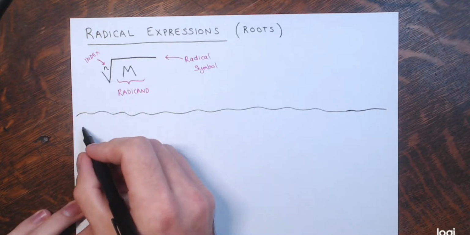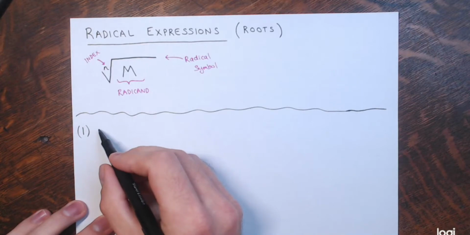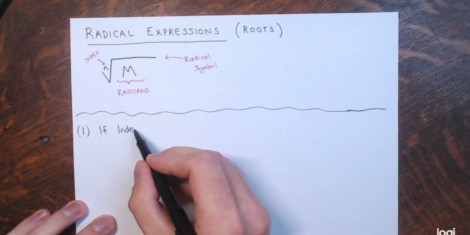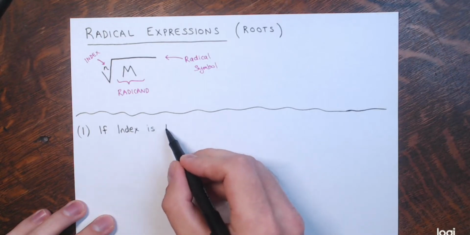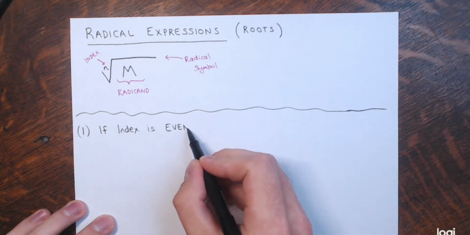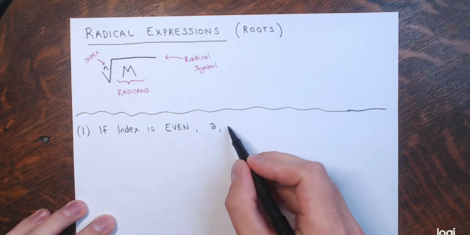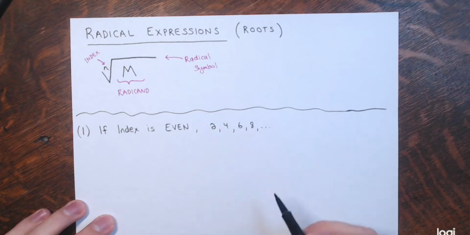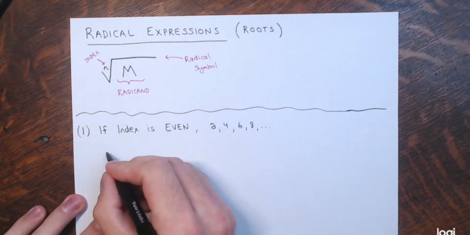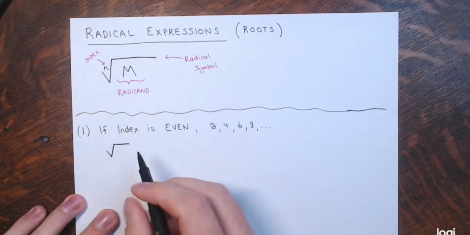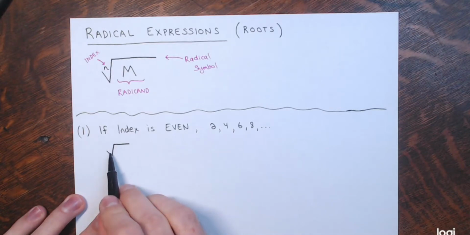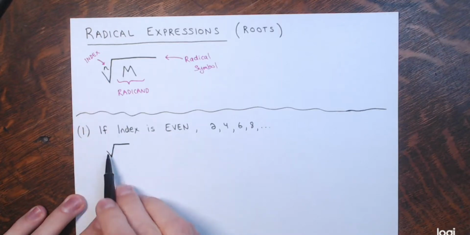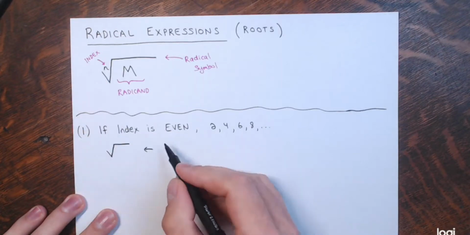So first case, if the index is even. That means 2, 4, 6, 8, and so on. Now if there's no index, if there's no little number written there, this means square root.